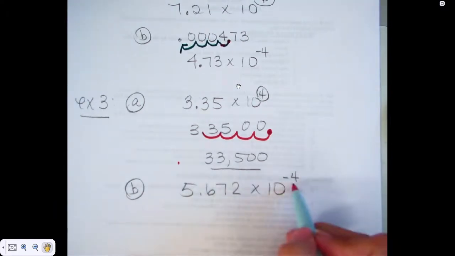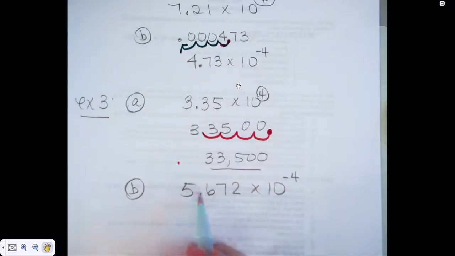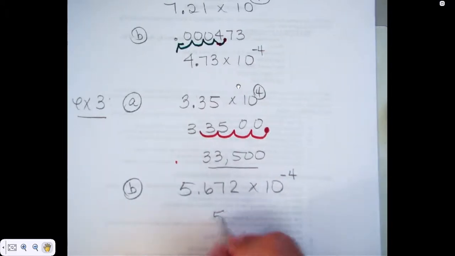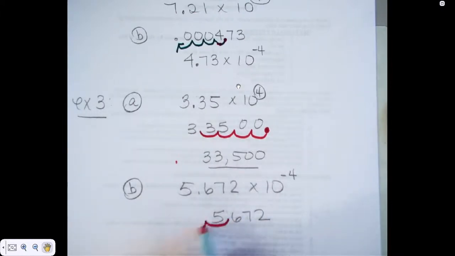I'm moving 4 spaces in the negative direction, which is left on the number line. So I'm going to take this 5.672 and move it 4 spaces to the left. And then fill in any empty spaces.